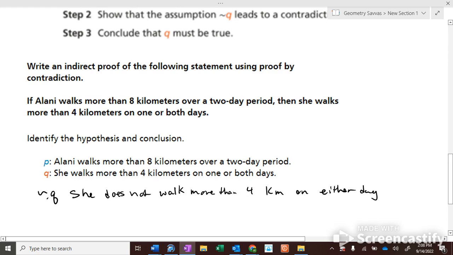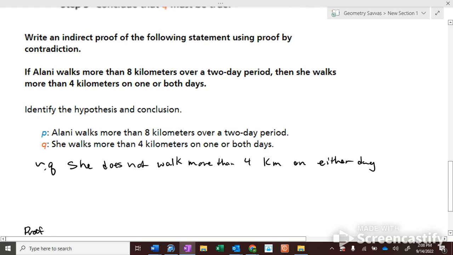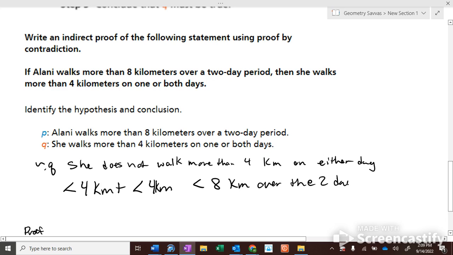Okay? So if she doesn't walk more than 4 kilometers on either day, less than 4 kilometers plus less than 4 kilometers is less than 8 kilometers over the 2 days. Correct?